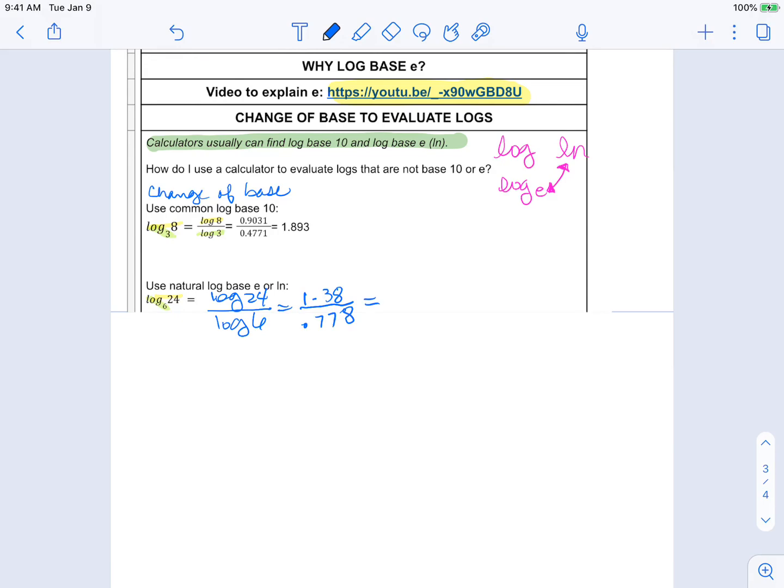Then I'm going to do the division and take 1.38 and divide that by 0.778. And that gives me 1.7737, which is about 1.774. Okay, and that's how I can get around that base of 6.